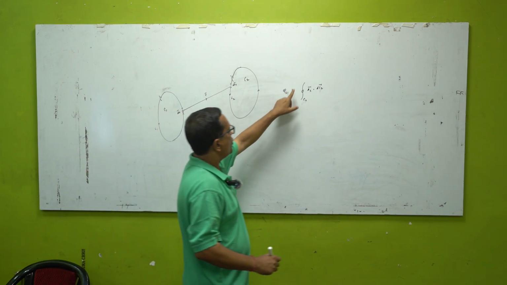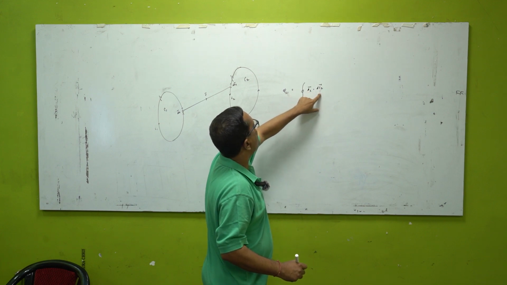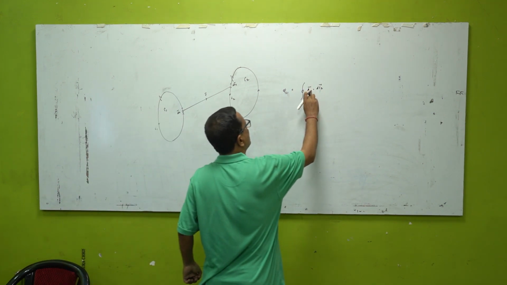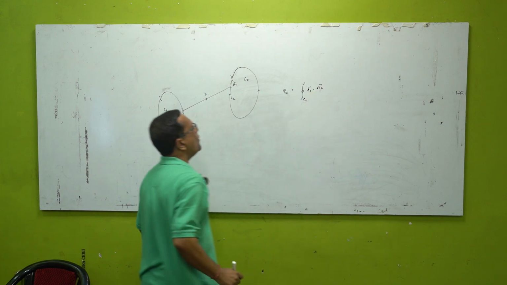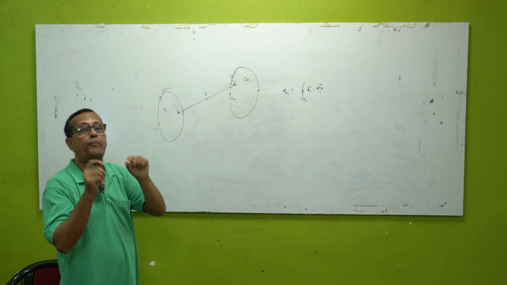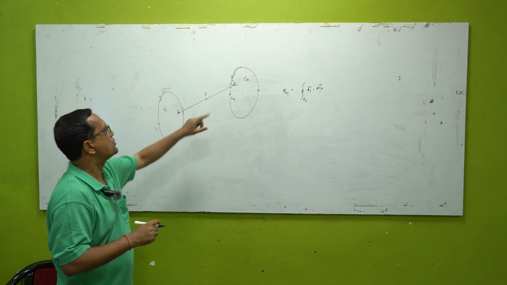That is the closed path integral over C2 of A1 dot dl2. This is A1, the line integration taken over C2. A1 is the magnetic vector potential given by C1 at C2.